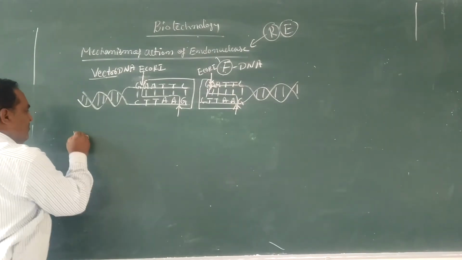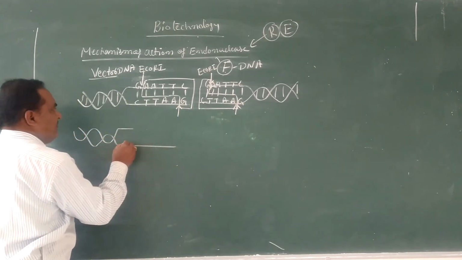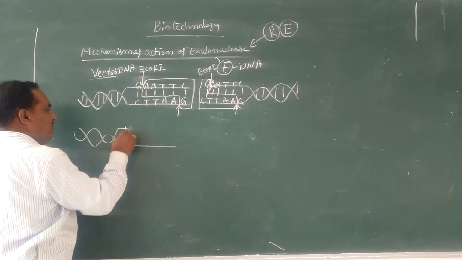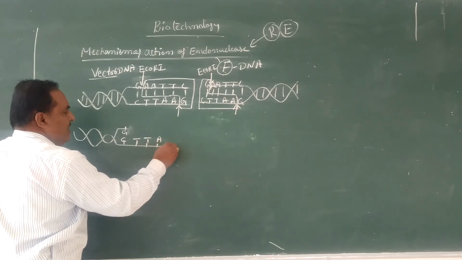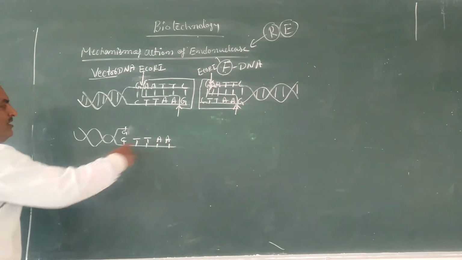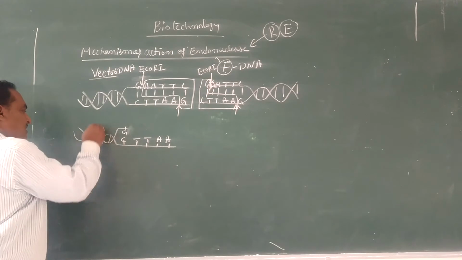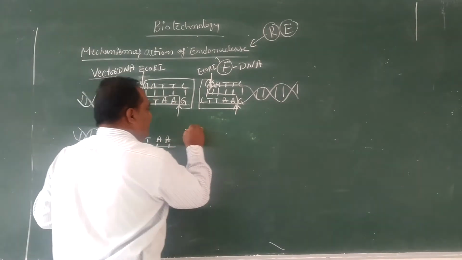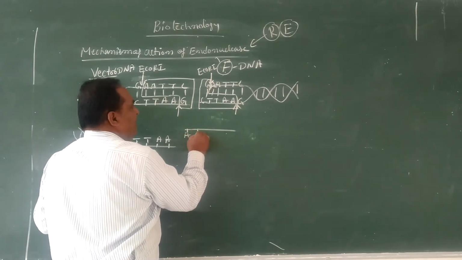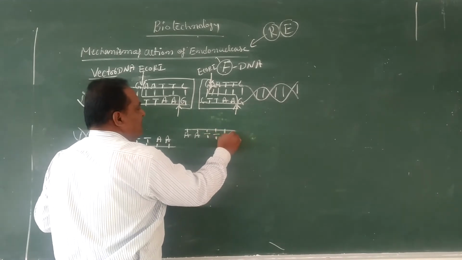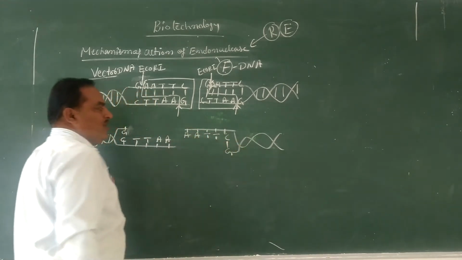Then there is a formation of strands which are overhanging single stranded DNA, with the sequence of bases remaining.